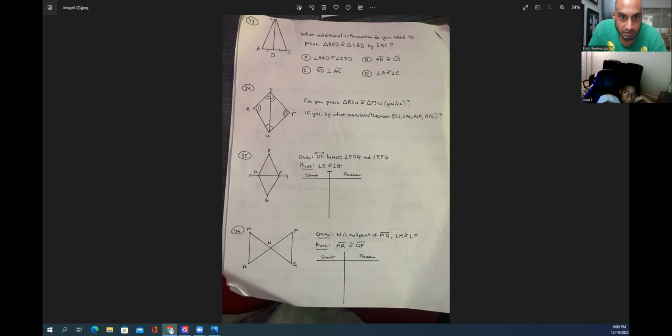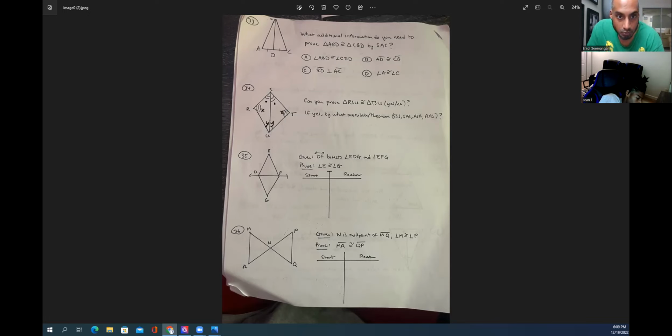They give us that this one is equal to this one. Let me put an X there. The one on the right is equal to the one on the left. So this angle equals this angle, and then Y is equal to Y.